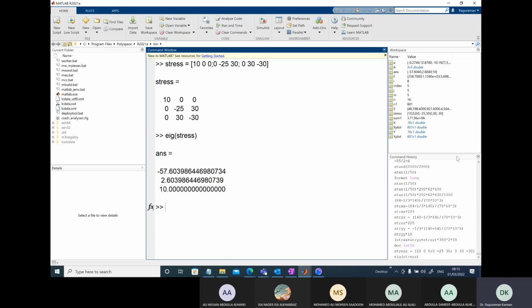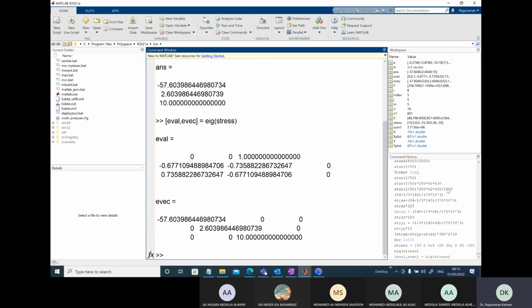Okay, so these are the eigenvalues. If we want both vectors and values, we have to supply output variables to get both eigenvalues and eigenvectors. If you don't use these two variables, it won't give you the output.